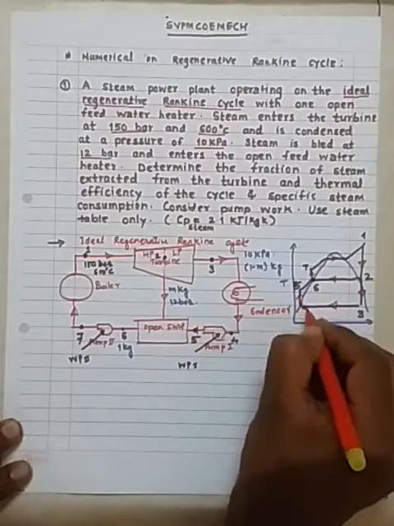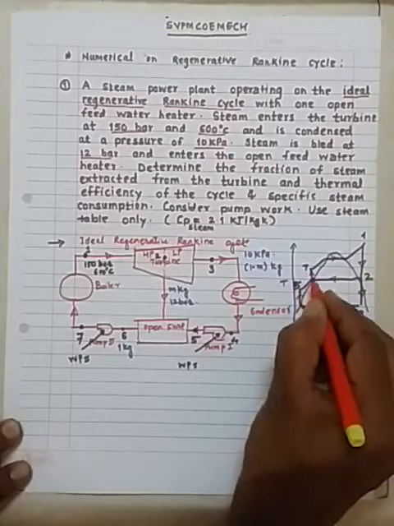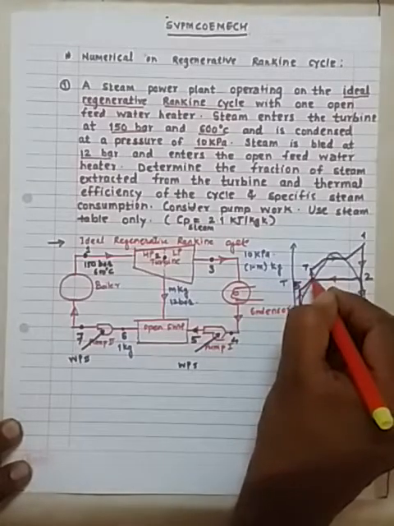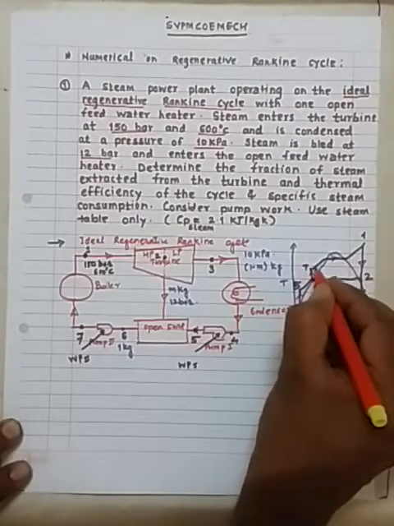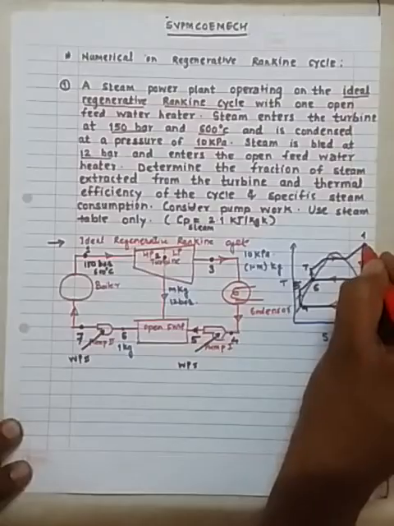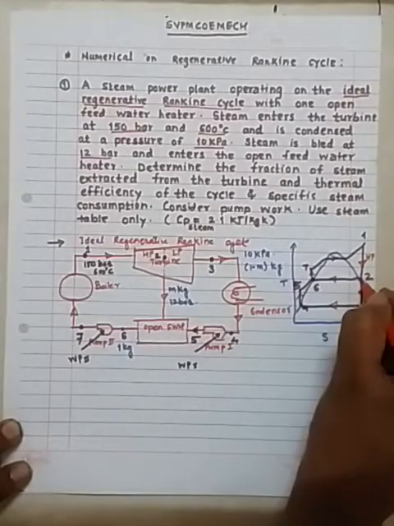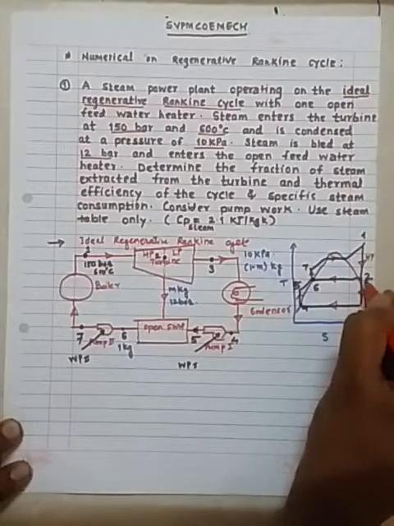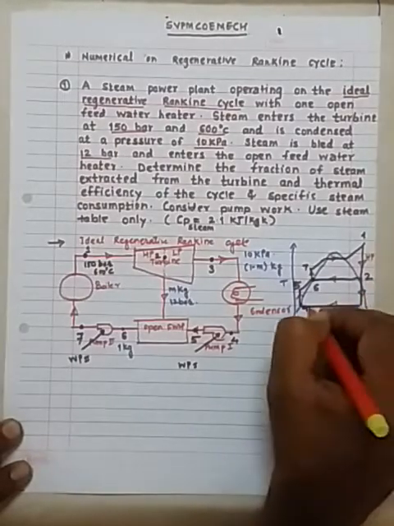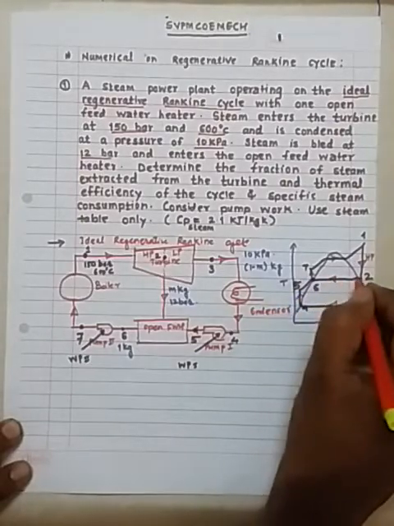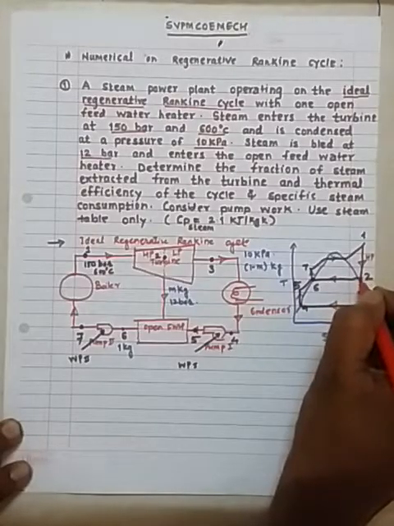Okay, so this 4 to 5 is pumping, then this is the heat added at a constant pressure in the open feed water heater, then this is the pump 2 operation, this 7 to 1 is the constant pressure heat addition in the boiler, 1 to 2 is high pressure expansion, this is the low pressure expansion in a turbine, 2 to 3, then this one is the condensation, and this one is the bleeding of the steam, that is the open feed water heater, and this is the point at which we are bleeding this steam.